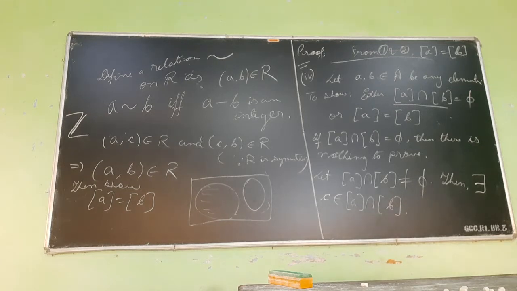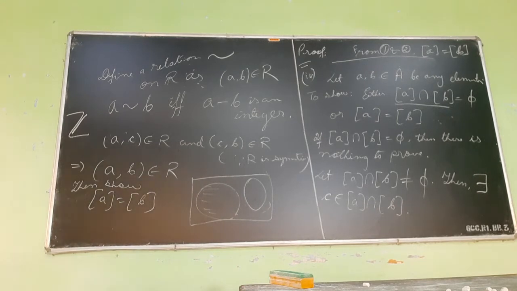Another question to write. Let Z be the set of integers. Define a relation R on Z as: (A, B) belongs to R if and only if A plus B is even.